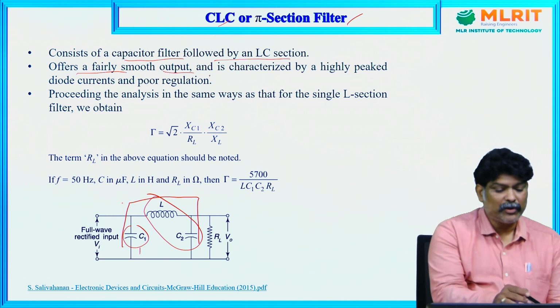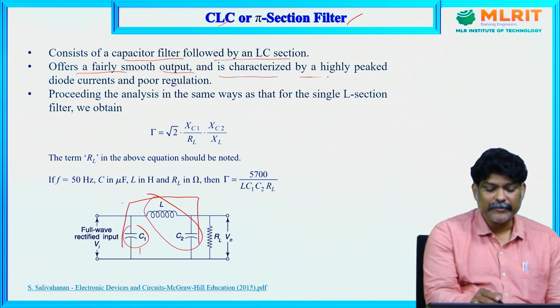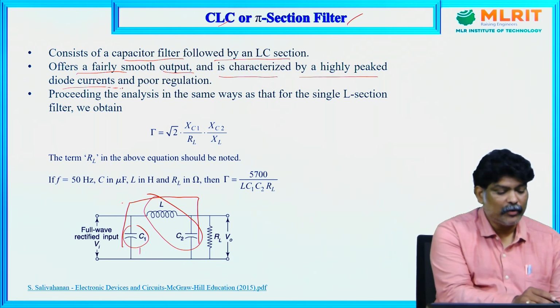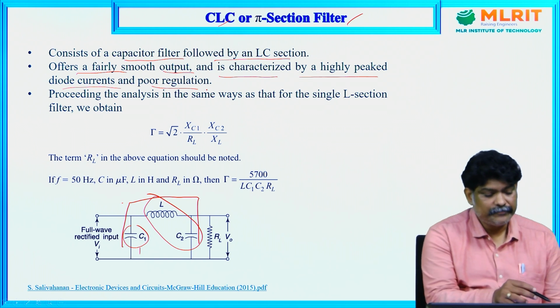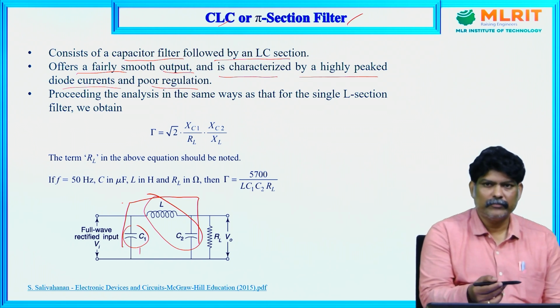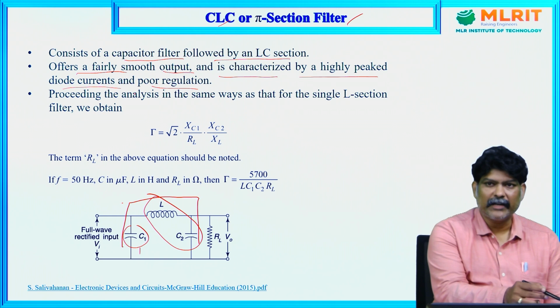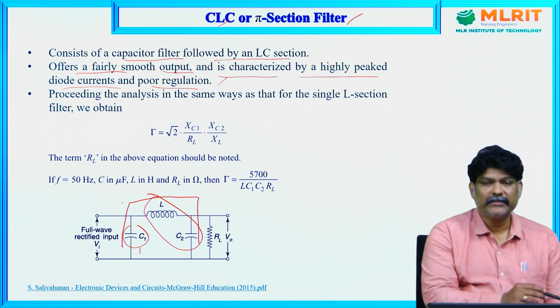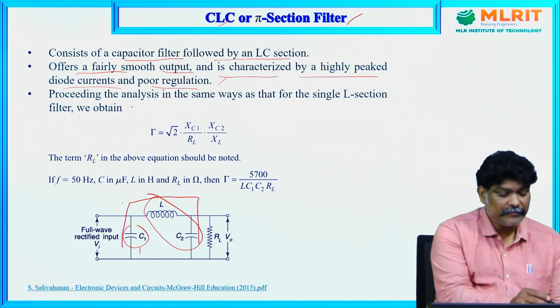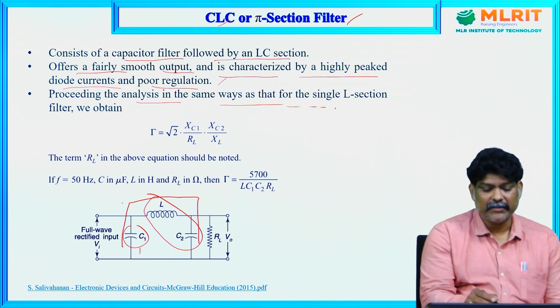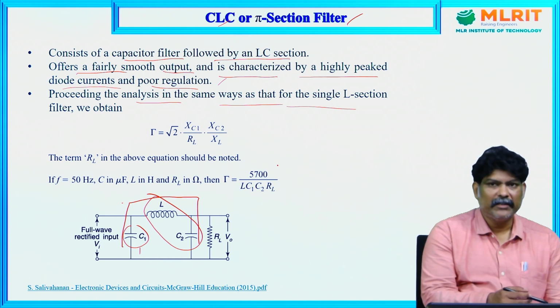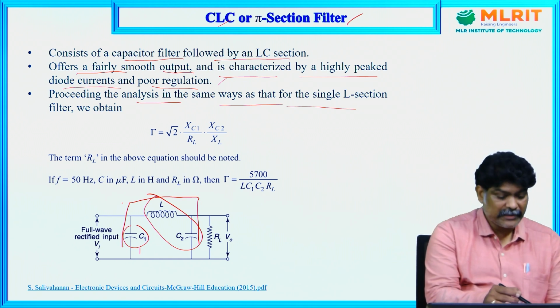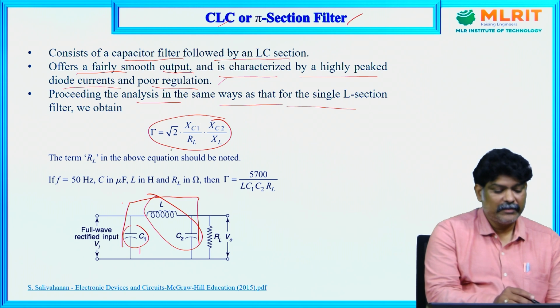The pi section filter offers a fairly smooth output, but is characterized by highly peaked diode currents and poor regulation. Of course it gives more filtering of the rectified output, but it gives poor regulation. That is the drawback with this combination. Proceeding further with the analysis in the same way as for the single L section filter, we can also get the ripple factor expression as this one: rho equals root 2 XC1 by RL times XC2 by XL.